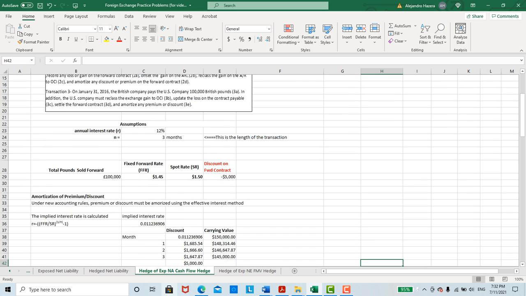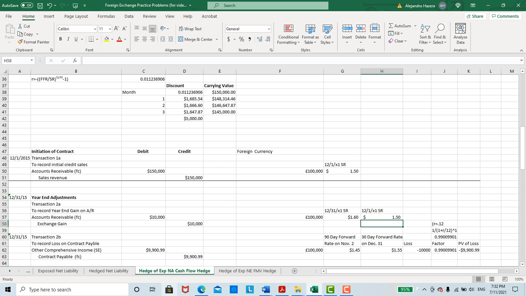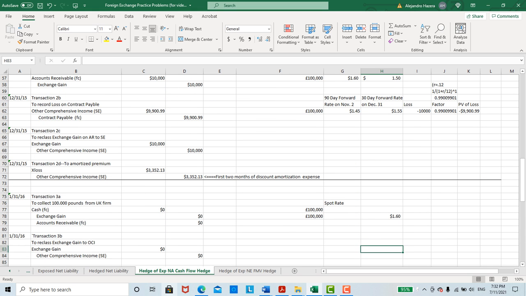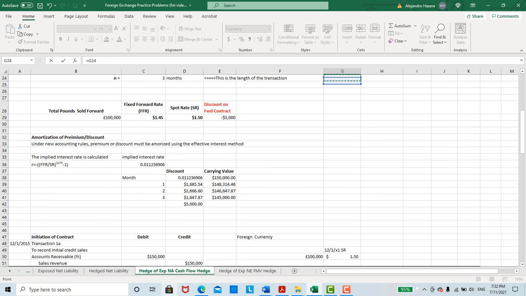Okay, so let's go down here. First thing to do is you're going to collect, should be a collection. There it is. Okay, so the first thing to do is you're going to collect cash on the British pounds. Now the spot rate at January 31/16, let's go up to our little table up here.